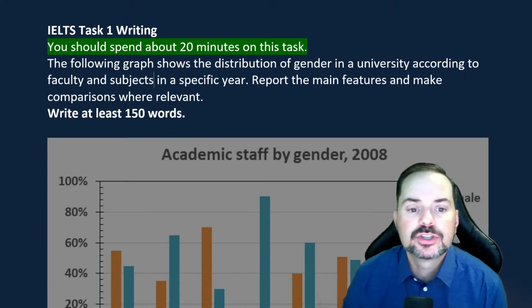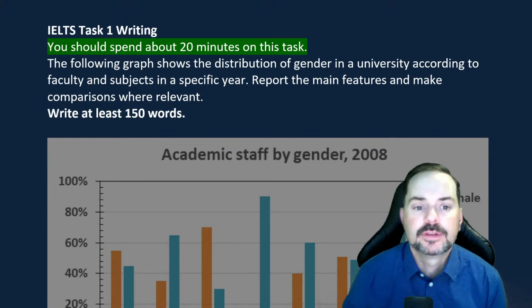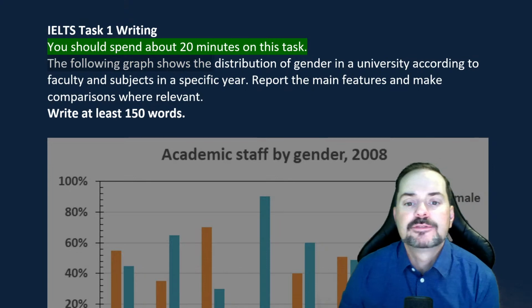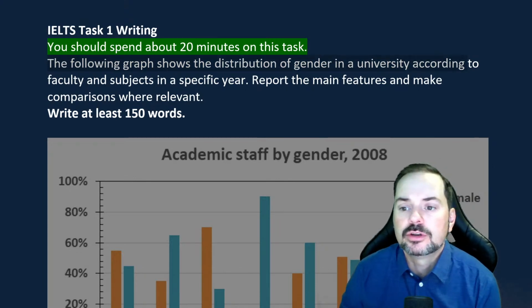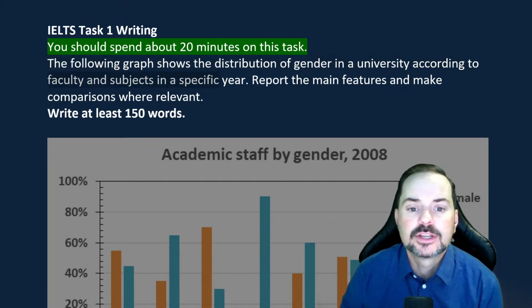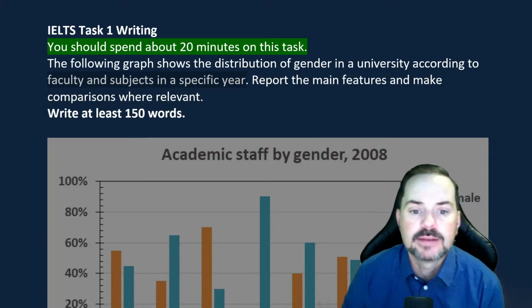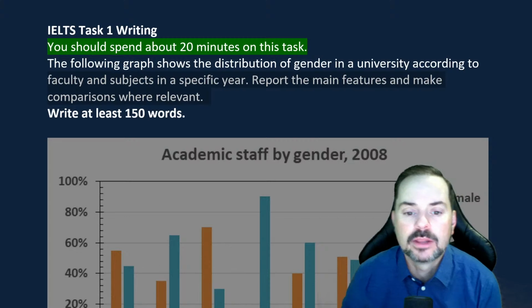Report the main features and make comparisons where relevant. So again, let's read that. There's a couple typos there. So the following graph shows the distribution of gender in a university according to faculty and subjects in a specific year. Report the main features and make comparisons where relevant.